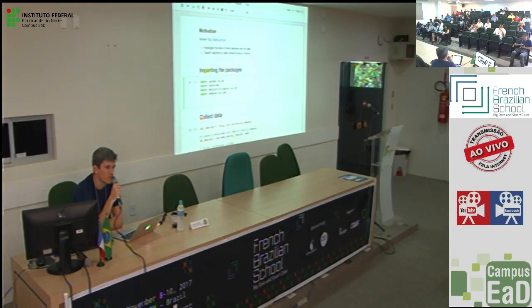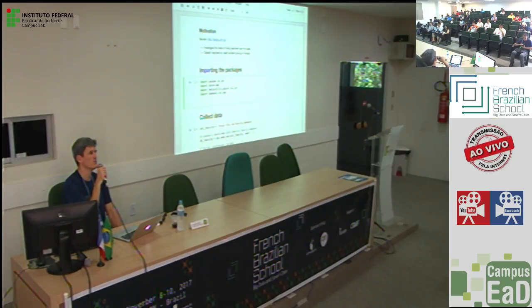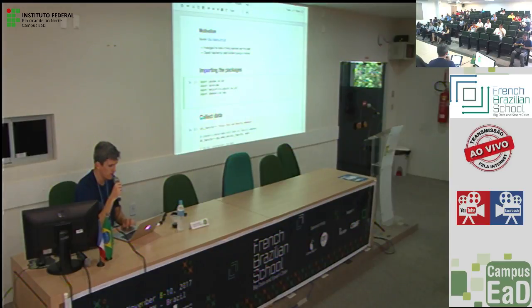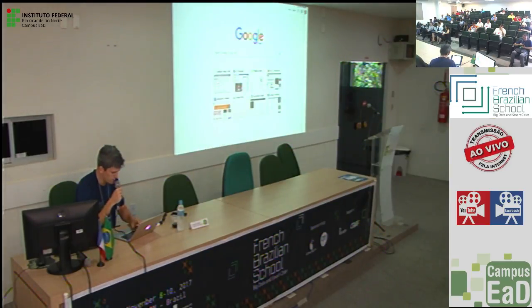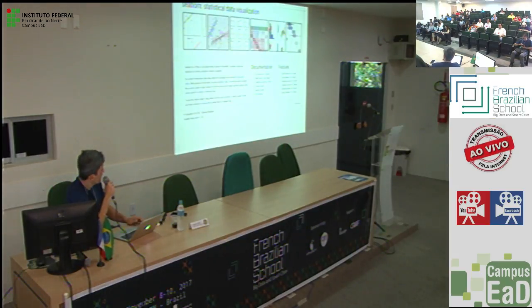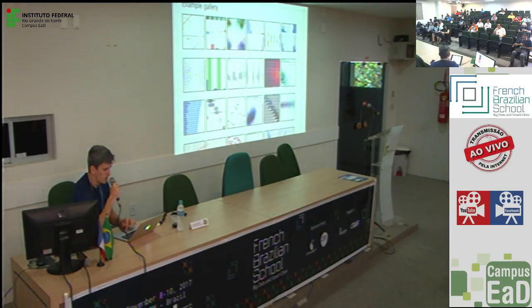So in Python there is an amazing package to work with statistical graphics. The name is Seaborn. Just type Seaborn here. Seaborn has a lot of examples to create statistical graphs.